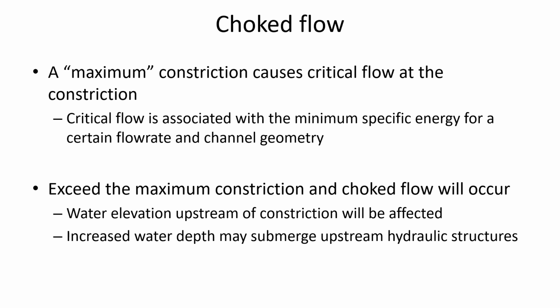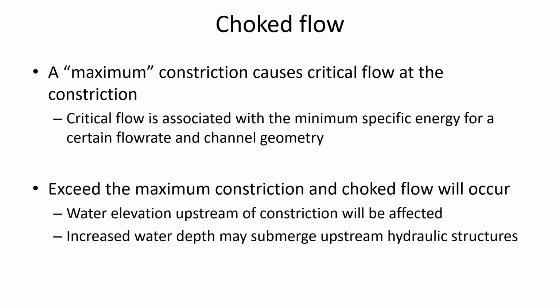And if you choke the flow, then that could cause the water depth upstream of the culvert to be higher than it was before. And so you could be threatening people whose house previously didn't get flooded. But if you suddenly choke the flow through the channel, now all of a sudden during a heavy rainstorm, the water's going to be deeper than it was before because some obstruction downstream is choking the flow. So this has real world consequences.